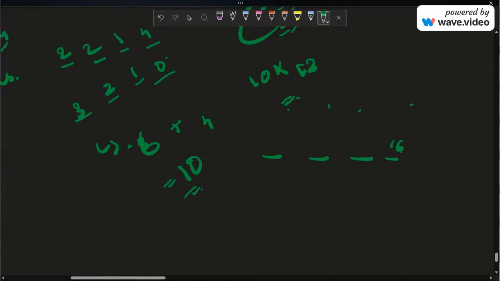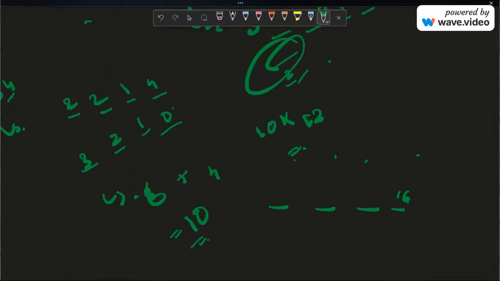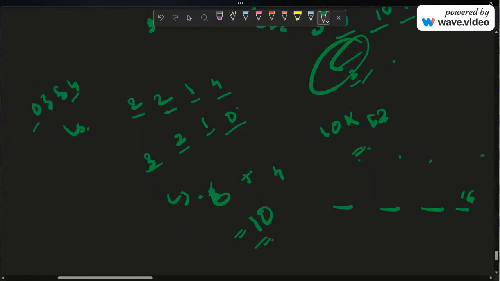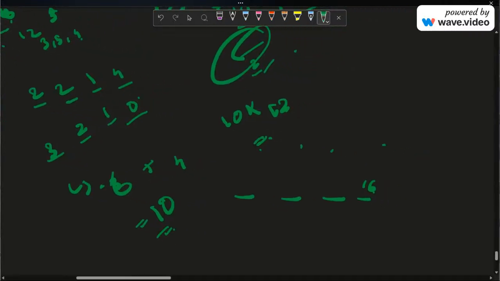And in the units place, all the numbers are 0, 3, 5, 4. When 4 was there, 0 can come, 3 can come once, 5 can come once. 5 plus 3, 8 can come. So 8 is there when 0 is there. 3 can come, 5 can come, 4 can come. So 12. 12 plus 8 is 20.